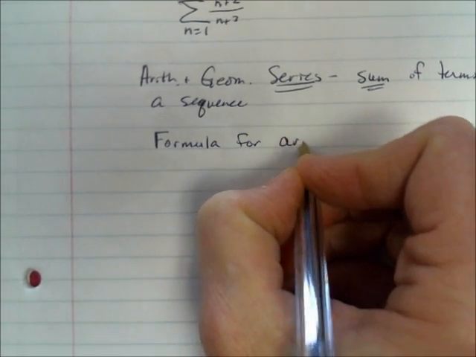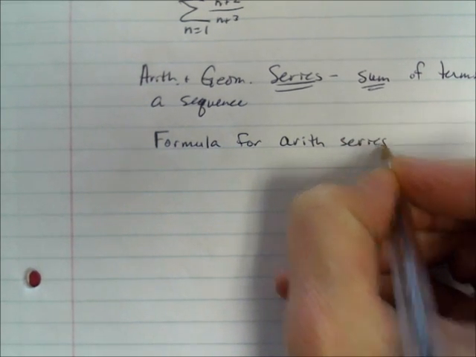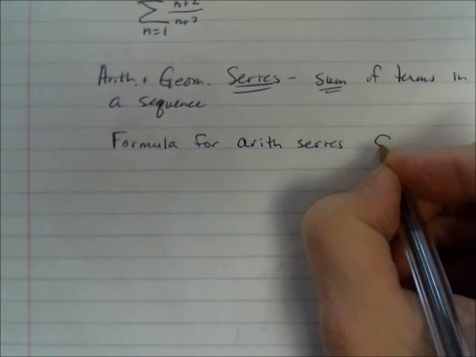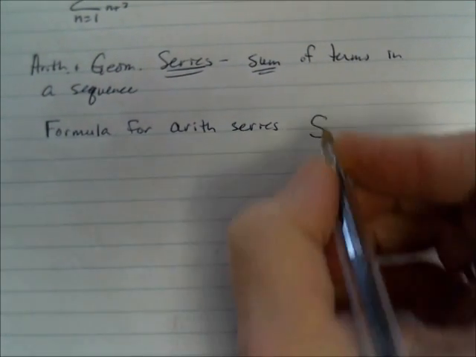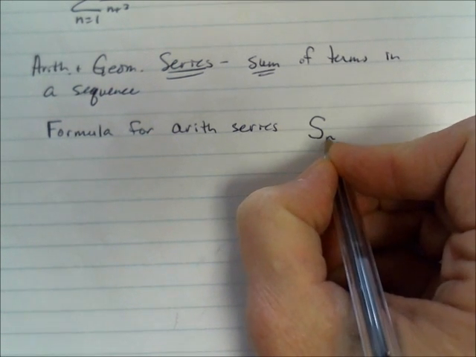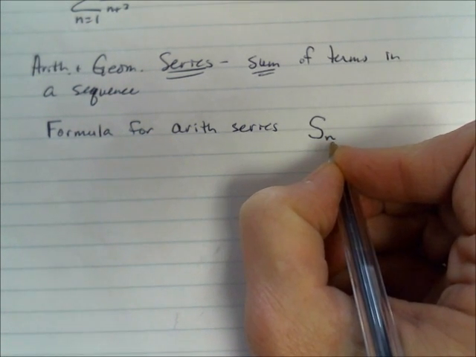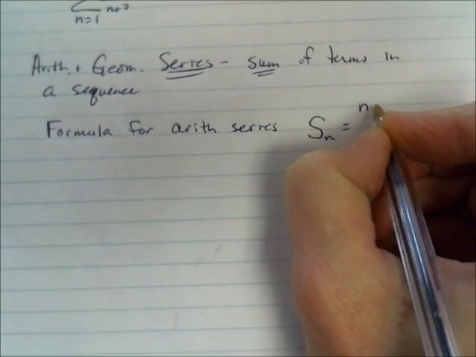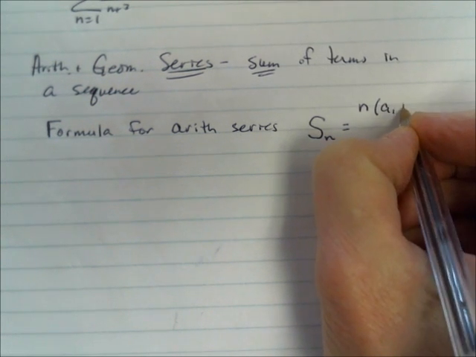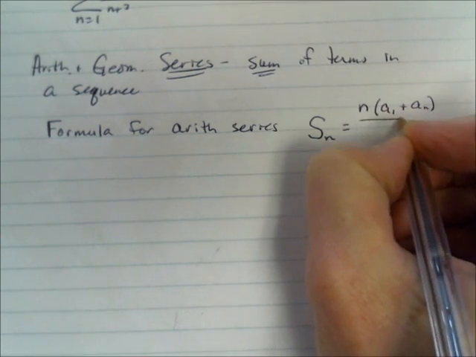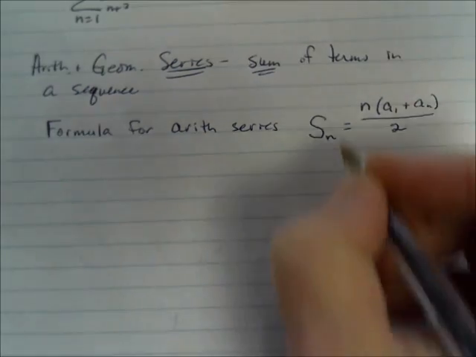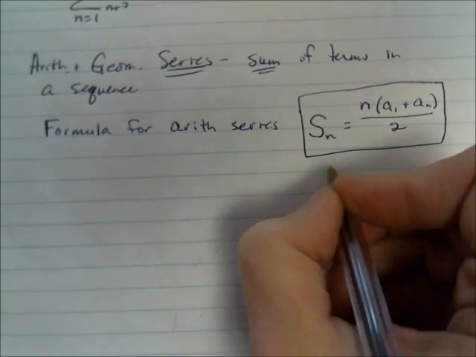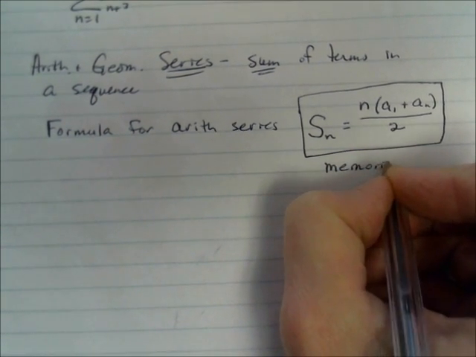So the formula for the arithmetic series for the first n terms is S_n, where S stands for sum and n stands for how many terms we're going to be summing, and that is equal to n, the number of terms we're summing, times the first term plus the nth term, all over 2. Like I said, this was on a formula sheet last year for your Algebra 2 Regents exam. This year you must memorize this.